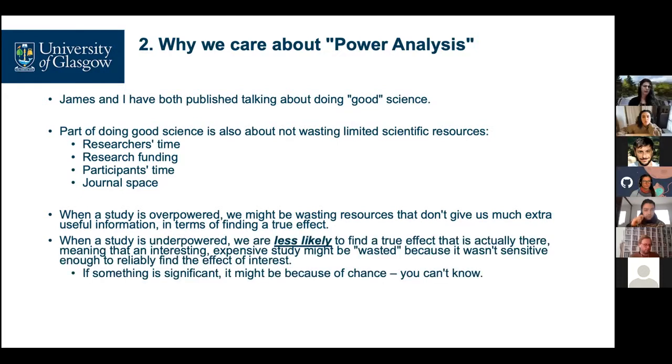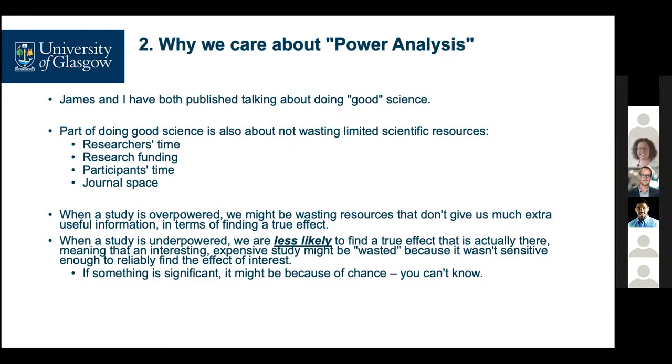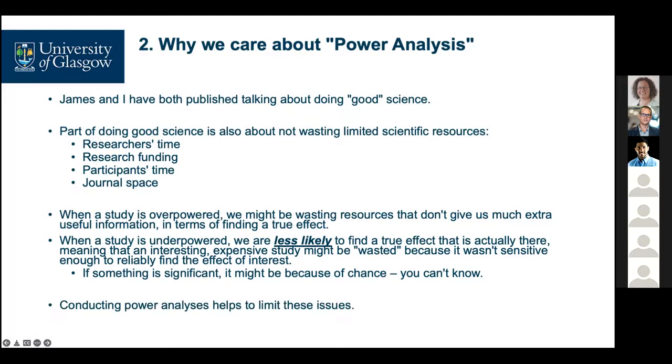The converse is when a study is underpowered: we're less likely to find a true effect that's actually there, meaning that an interesting but expensive study might be wasted. There might be an effect there, but you just weren't sensitive enough to detect it because you couldn't recruit enough people. And as a result, that can be a problem. It's also significant because if something is statistically significant in your results and you have an underpowered study, that might be because of chance.